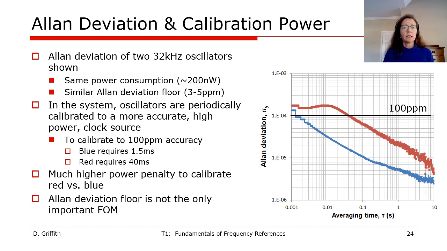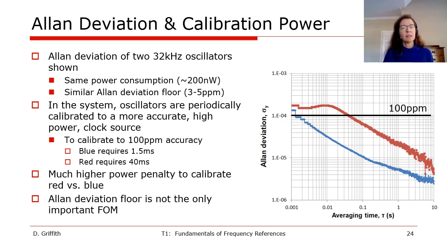And for these two oscillators, if we assume that we want to calibrate to 100 ppm accuracy, this means that we need to average the blue oscillator's frequency for 1.5 milliseconds. But we need to average the red one for 40 milliseconds to get to that accuracy.